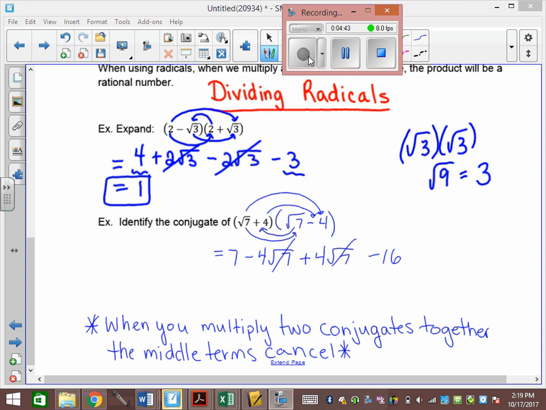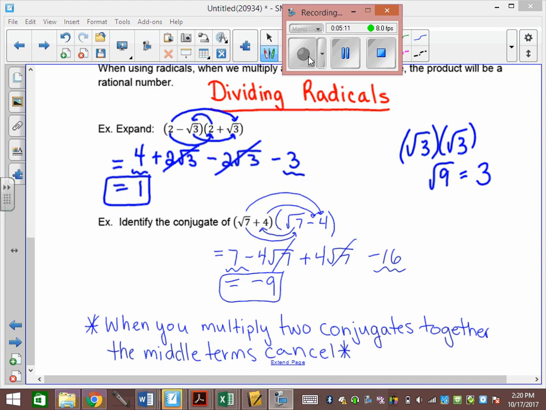So then we would be left with 7 minus 16, which is actually negative 9. Will it always turn out to be just a number? It should, because that's why you multiply by a conjugate. You multiply by a conjugate to get rid of the radical symbols. So to get rid of the radical symbols in a denominator, you multiply by its conjugate if it's a binomial.